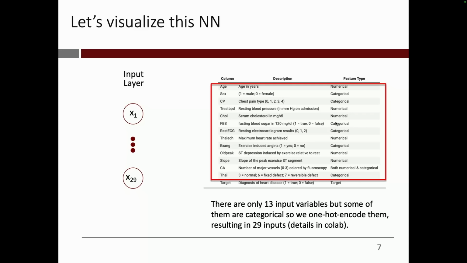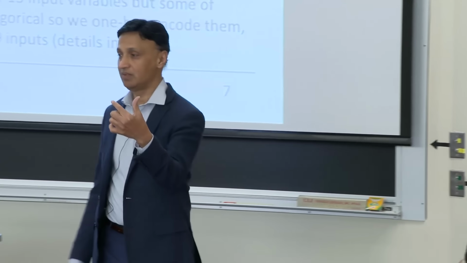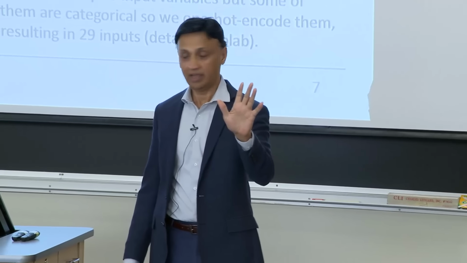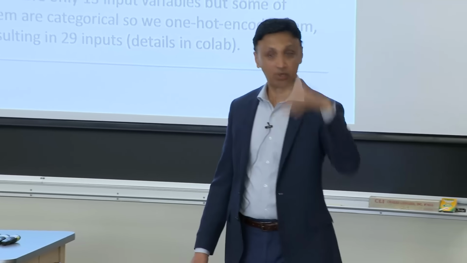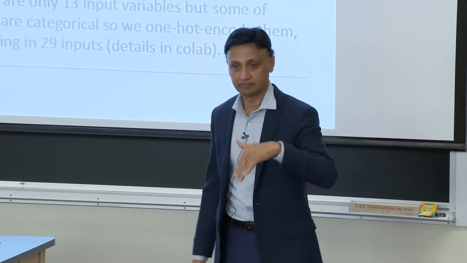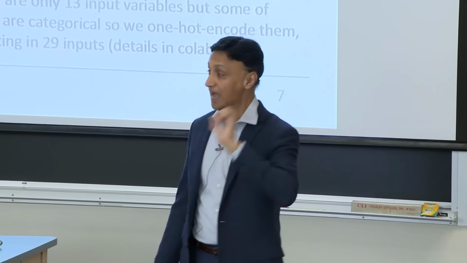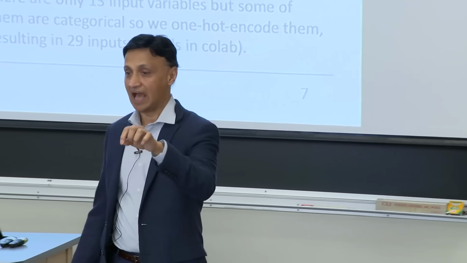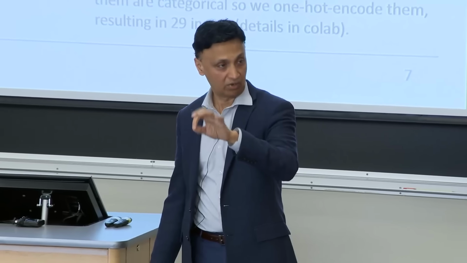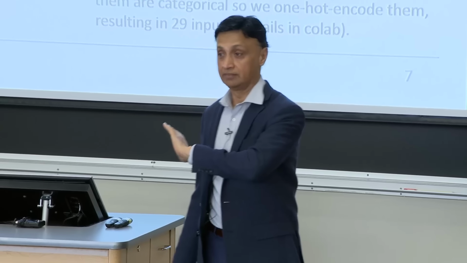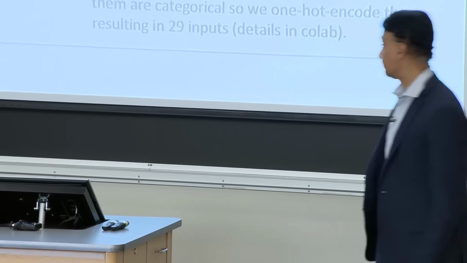So what I ended up doing is to take each categorical variable and one-hot encode it. And when you do that, you get to 29. When we actually do the Colab later on, I'll show you exactly how I one-hot encoded it. That's why you have 29, not 13.